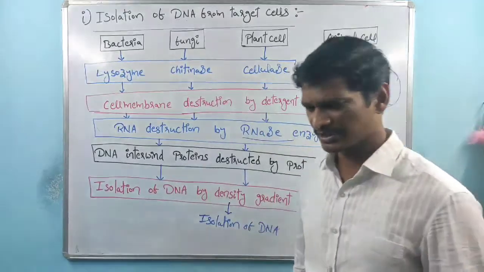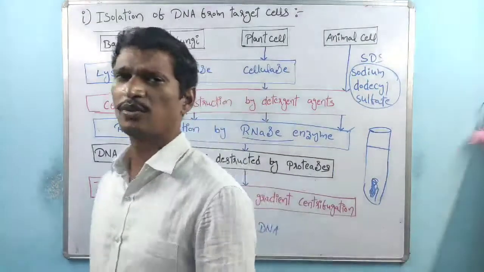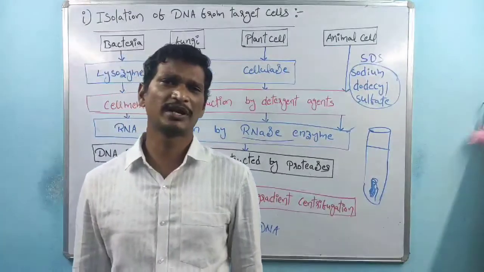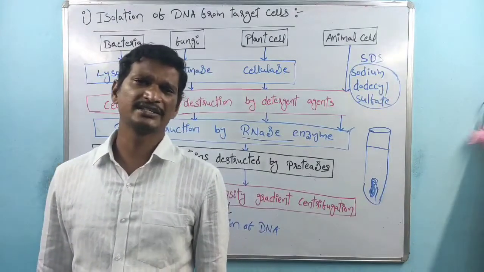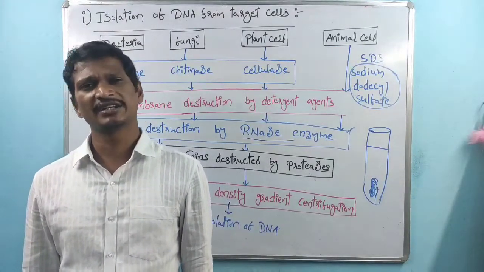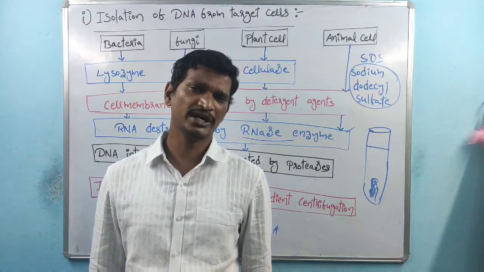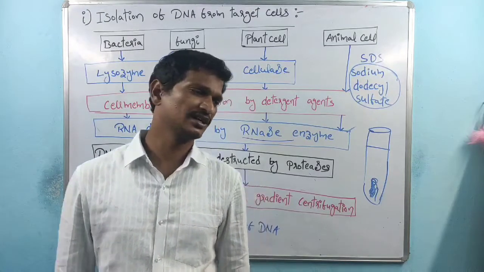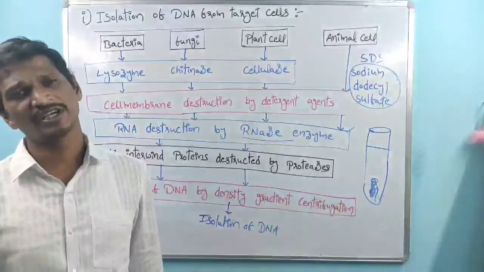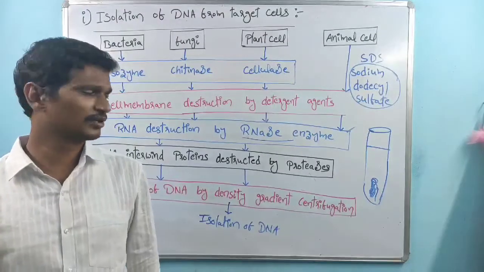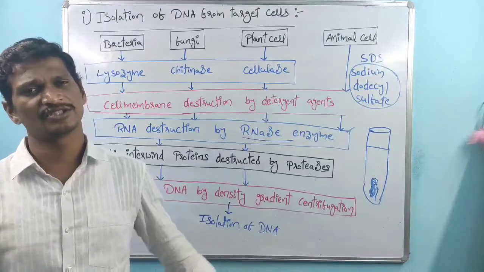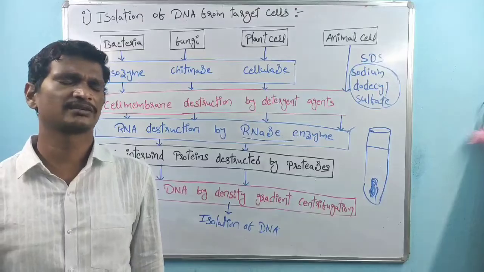So different types of enzymes are used to cleave the cell walls. Detergents cleave the plasma membrane. RNase enzyme destroys the RNA. Proteases destroy the proteins. Finally, we isolate, or separate, the DNA. This DNA we use as a vector.